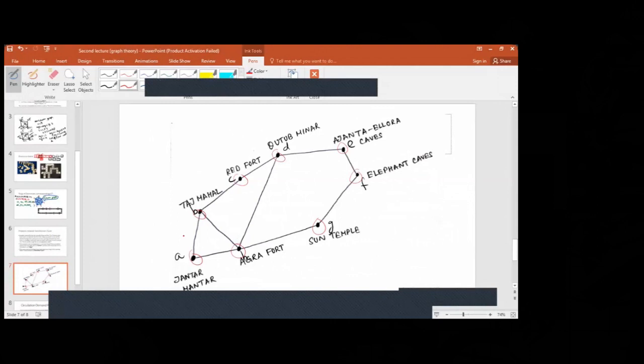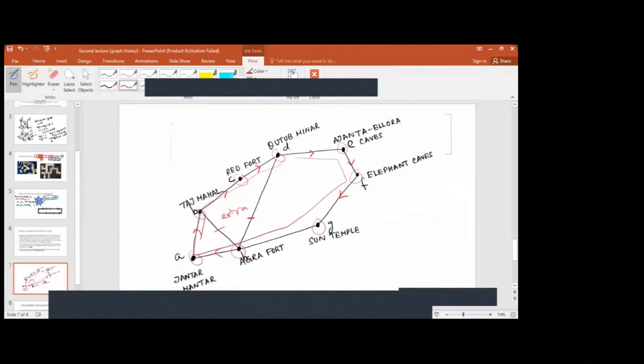So let me move from A to B, B to C, C to D, D to E, E to F, F to G, G to H, H to A. So these two edges are extra. So I cover all vertices and all places.